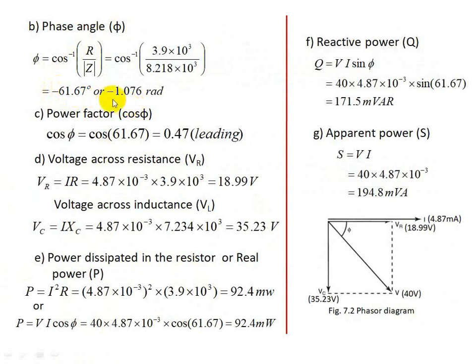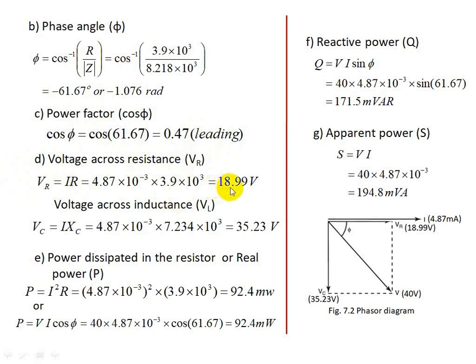In radians it is minus 1.076 radians. The power factor cos phi, so cos of 61.67 is 0.47 leading. For capacitive circuits, if the current is leading the voltage by some angle, you have to write it as leading. Then the voltage across the resistance, VR, is the product of I into R.